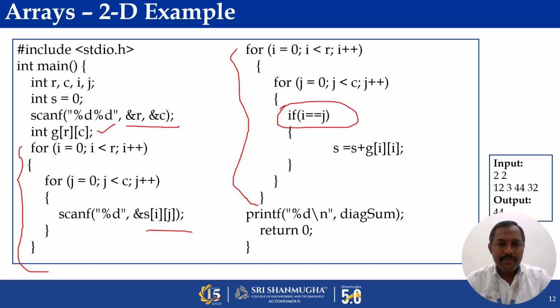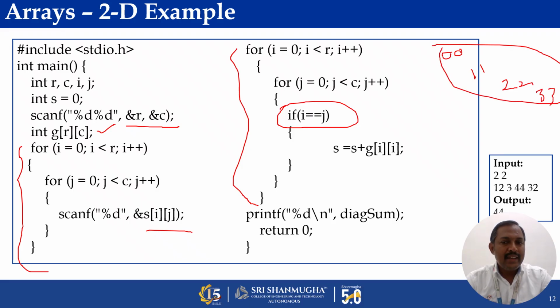Next, one more time we are going to use 2 for loops to access array elements to make the diagonal sum. Whenever the i value and j value are the same, which denotes the diagonal value, 0 0, 1 1, 2 2, it's like this.